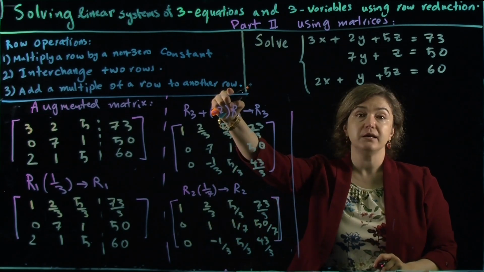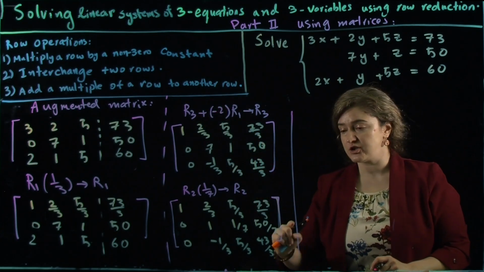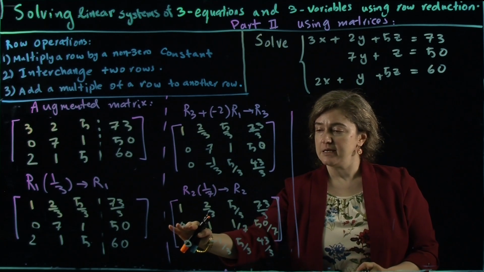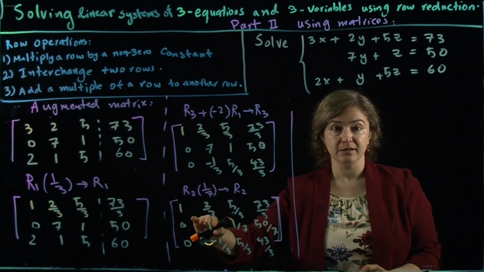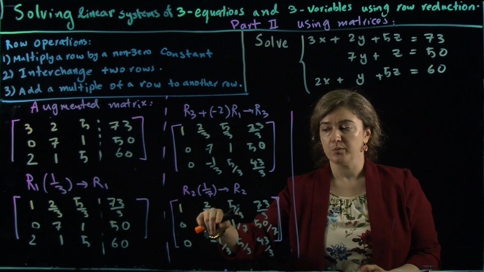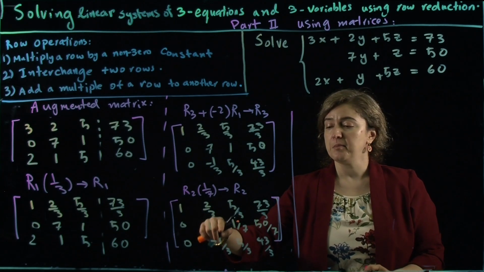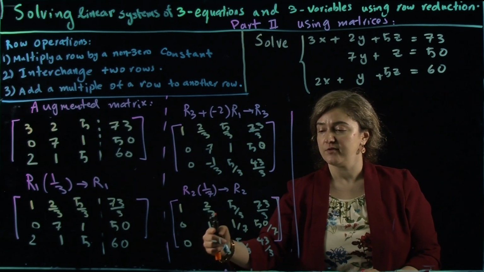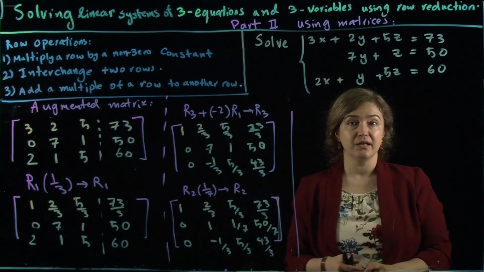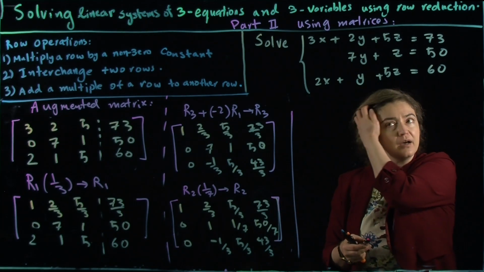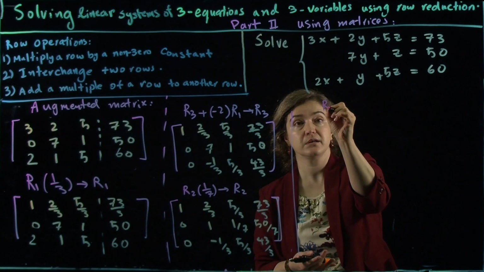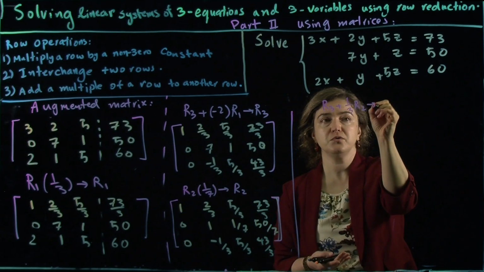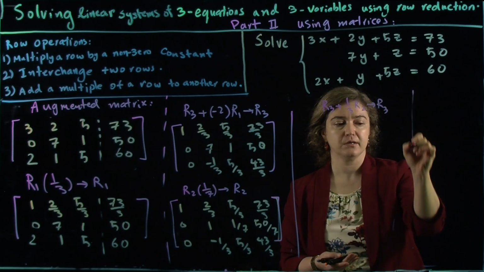I'm using the third row operation, and the third row operation tells me to multiply the corresponding row with the leading 1 by negative 1/3, negative of this, and then add it to the third row. So it becomes row 3 plus 1/3 row 2 goes back to row 3.